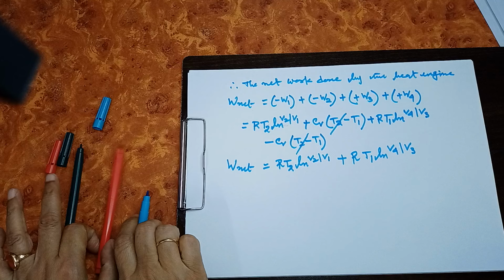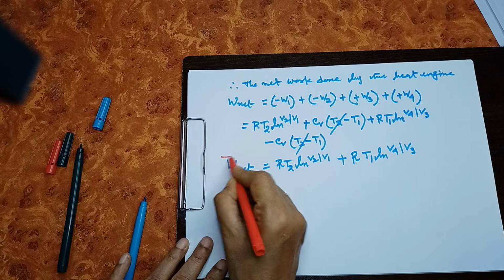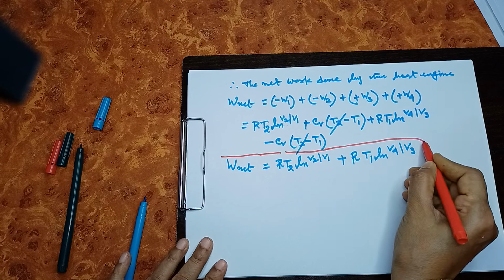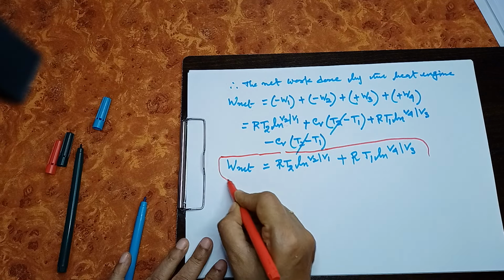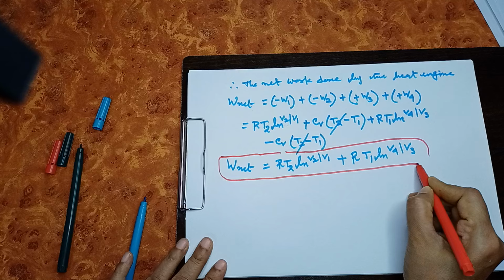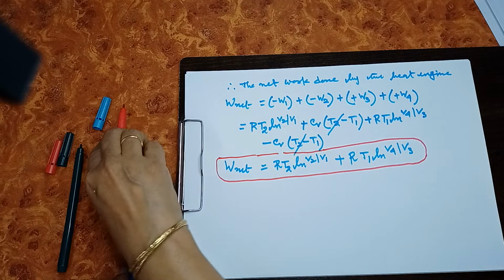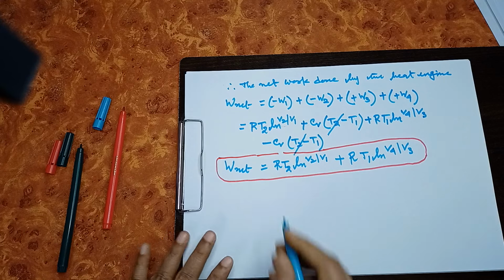This is the net work done. Now, next thing is, what is the net heat absorbed? Net heat absorbed means you have seen in the first step heat is absorbed, that is Q2. Third step heat is released, that is Q1.